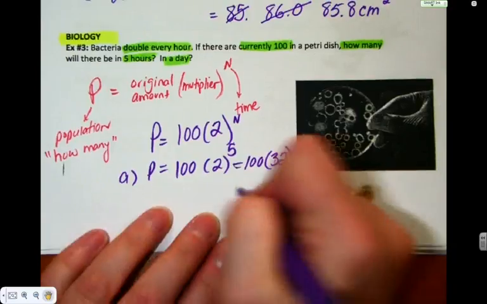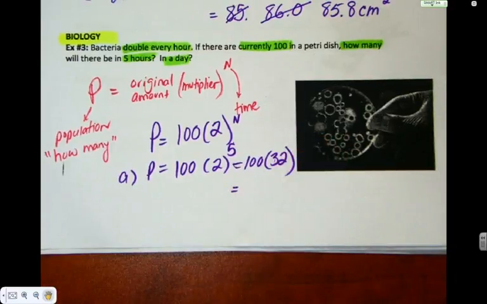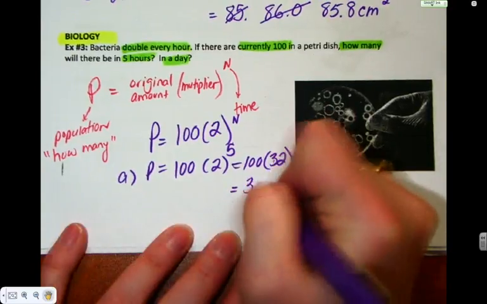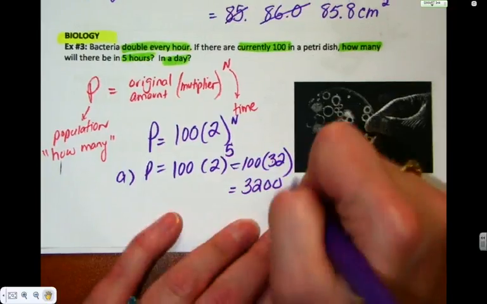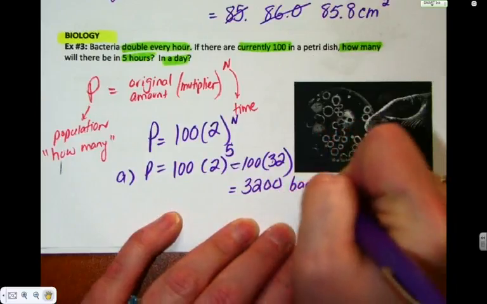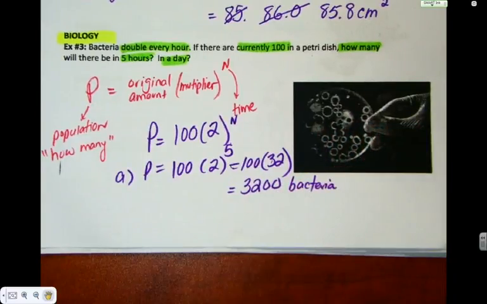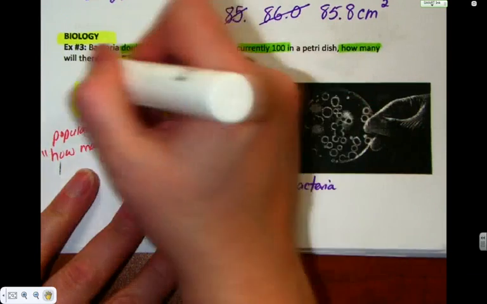Now the multiplication, 100 times 32 is 3,200. 3,200 what? Bacteria. That's the answer for the first part.